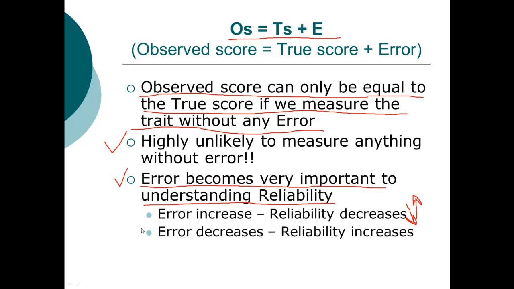If your error decreases, your reliability will do the opposite. It will increase. And so we want to keep this error as small as it can possibly be from a testing standpoint. And we'll see some ways that we can do that as we go on.